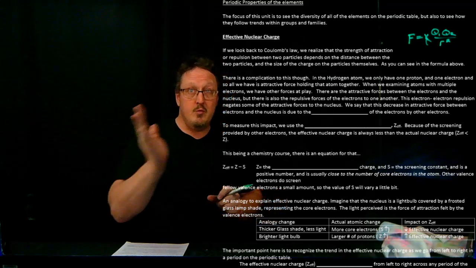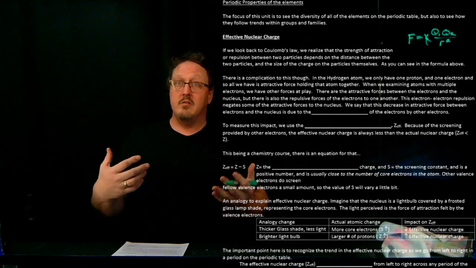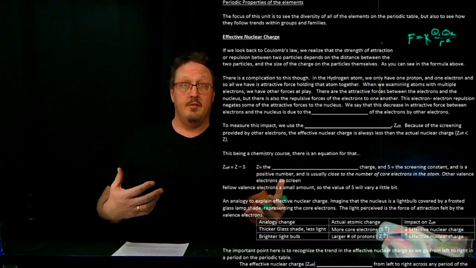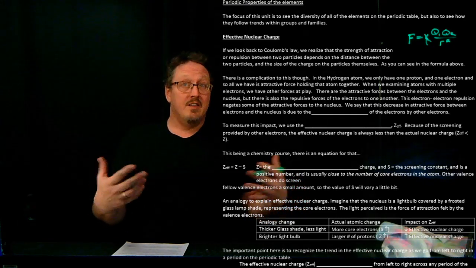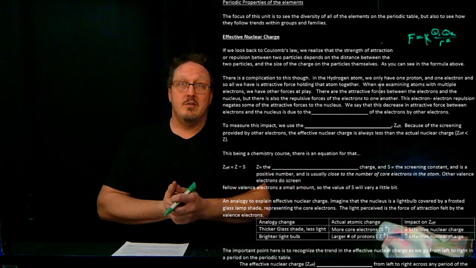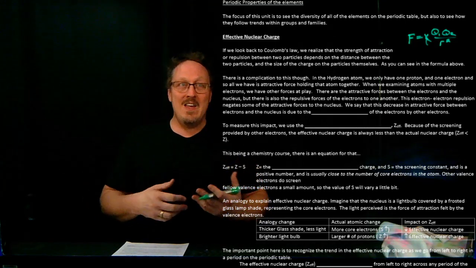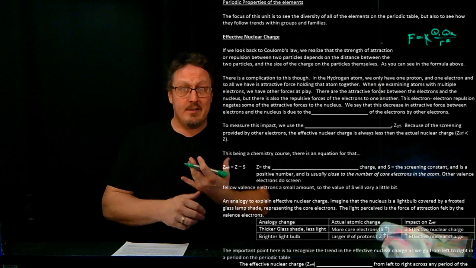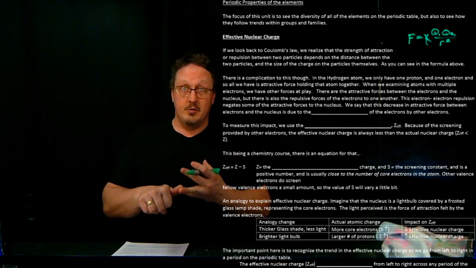As soon as we move up an element in the periodic table, though, we're going to start talking about lots and lots of different forces involved and lots of different interactions between particles that cause us to have problems. We have attractive forces between the electrons and the protons in the nuclei.